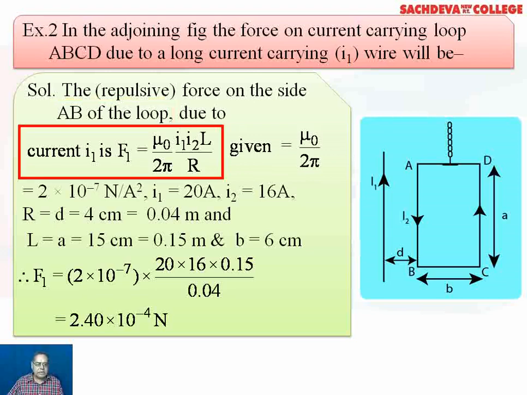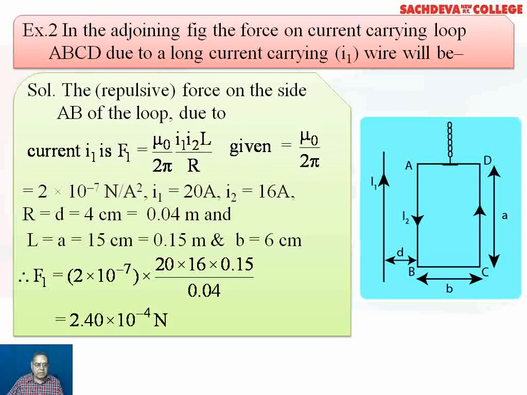Due to current I1, F1 equals mu naught I1 I2 L divided by 2 pi R. Now given mu naught over 2 pi equals 2 into 10 to the power minus 7 newtons per ampere square. I1 is 20 ampere, I2 is 16 ampere, R and D both are equal to 4 centimeter converted to meter.